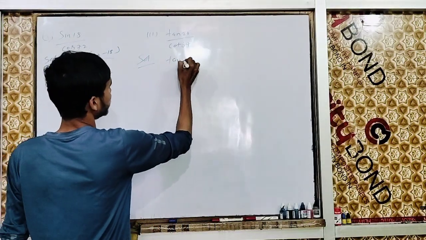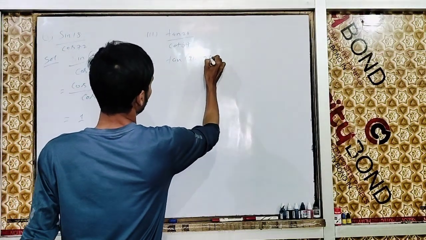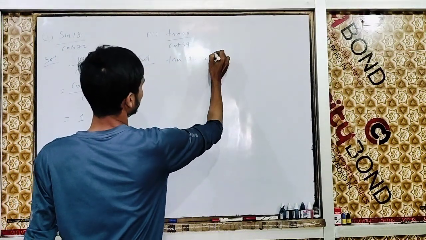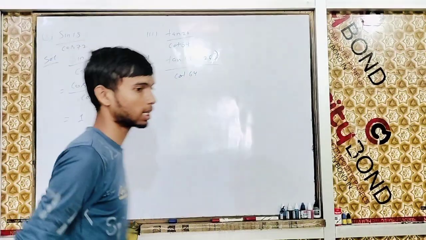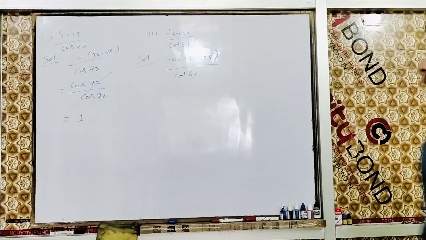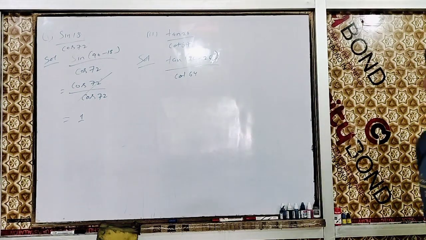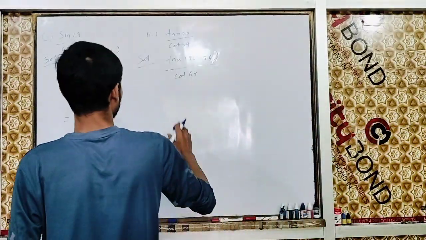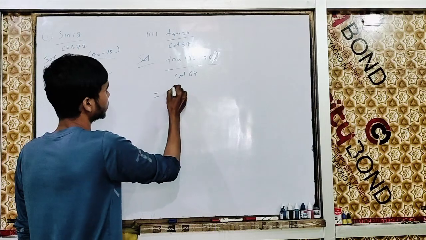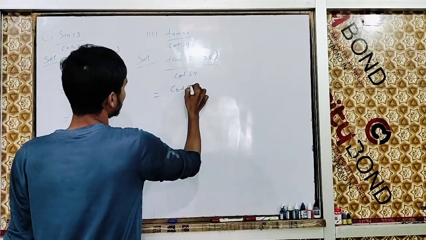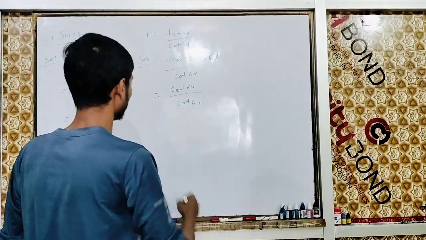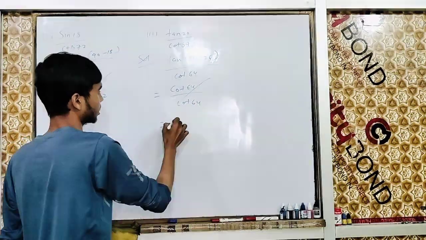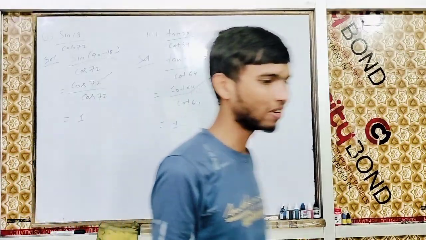So tan(90 minus 26) upon cot 64, and we know that in tan(90 minus 26), tan will convert itself into cot, just the opposite of tan. So it would be cot 64 upon cot 64. Both are the same, and it is a fraction, so it will give us 1. This is how you will solve.